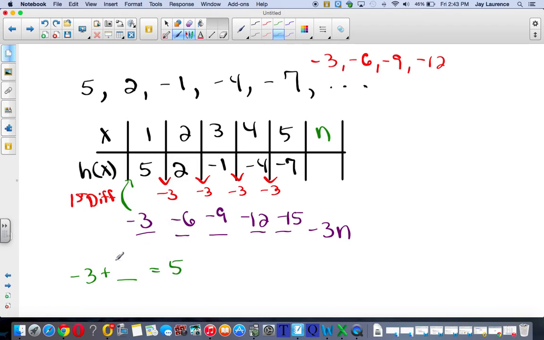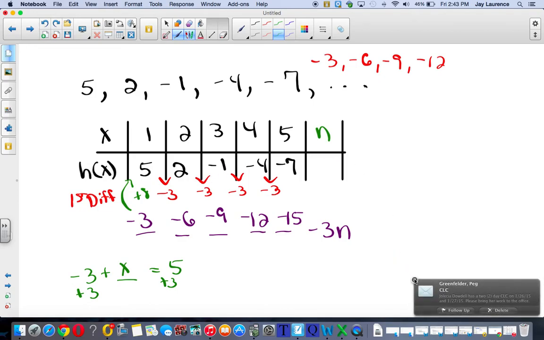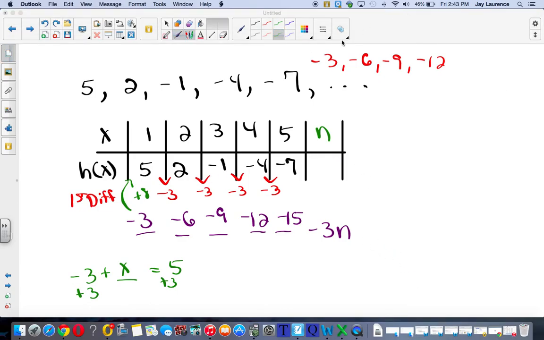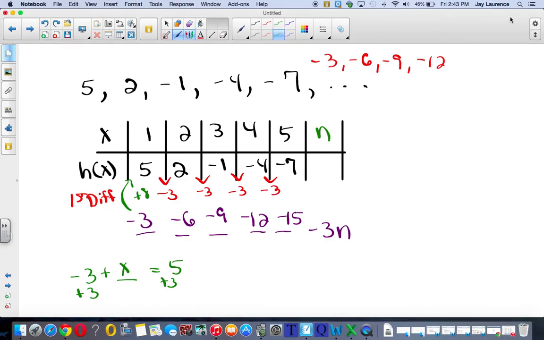Well, I think it's plus 8, isn't it? I could add 3 to both sides, and I'm going to get 8, so plus 8. How do I turn negative 6 into positive 2? Well, I add 8.